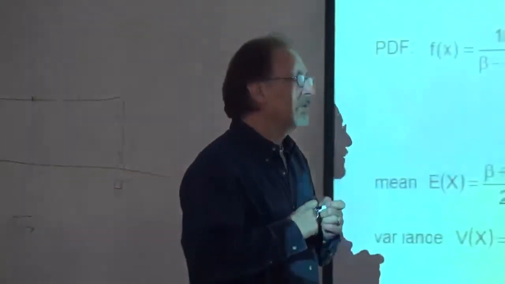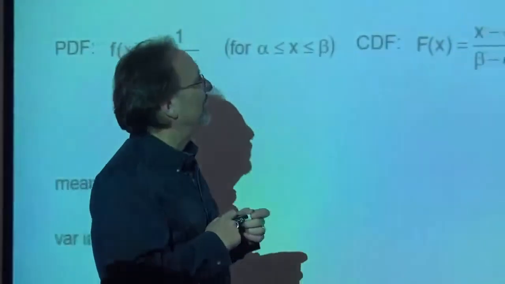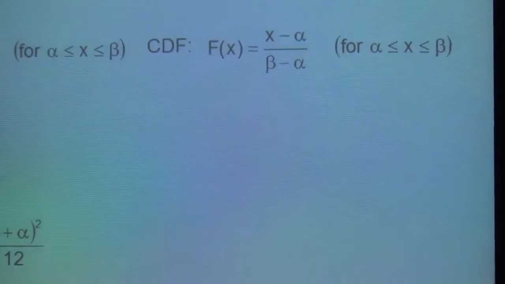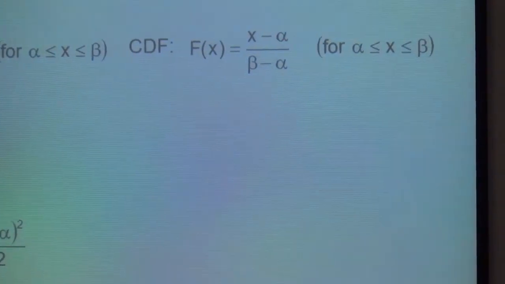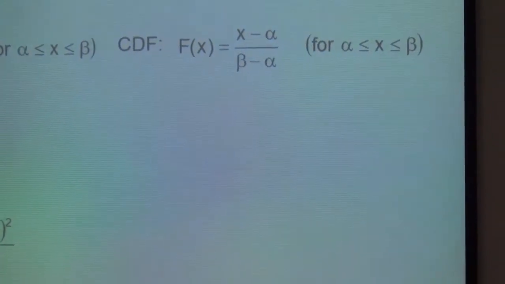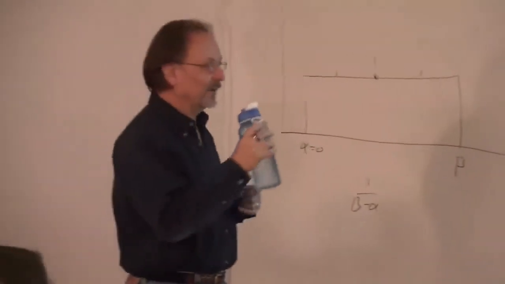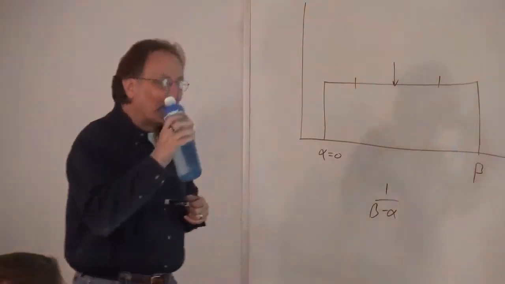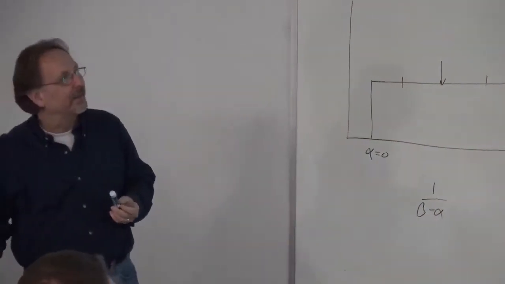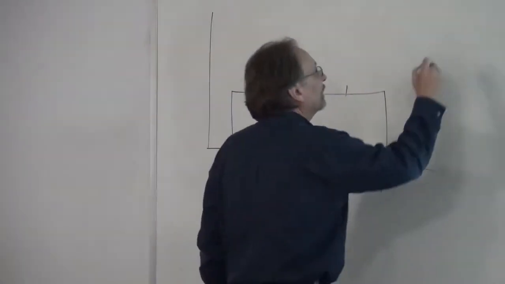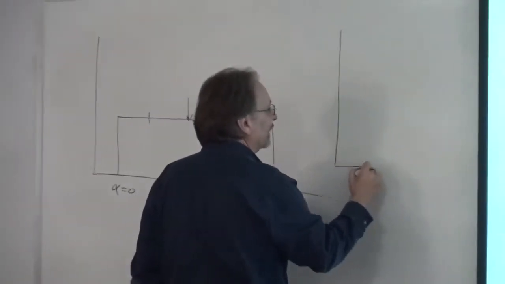now what is of more interest to us is the cumulative distribution function. When we get to the continuous variables, or the continuous distributions, the cumulative function tends to be of greater value. F of x.